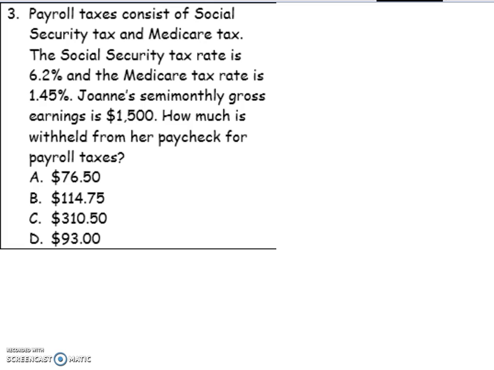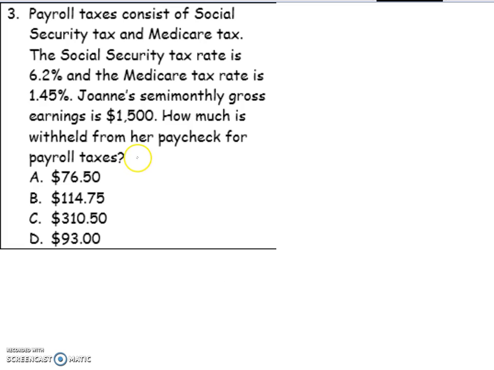Okay, question number 3. Payroll taxes consist of Social Security tax and Medicare tax. The Social Security tax rate is 6.2%, and the Medicare tax rate is 1.45%. Joanne's semi-monthly gross earnings is $1,500. How much is withheld from her paycheck for payroll taxes?